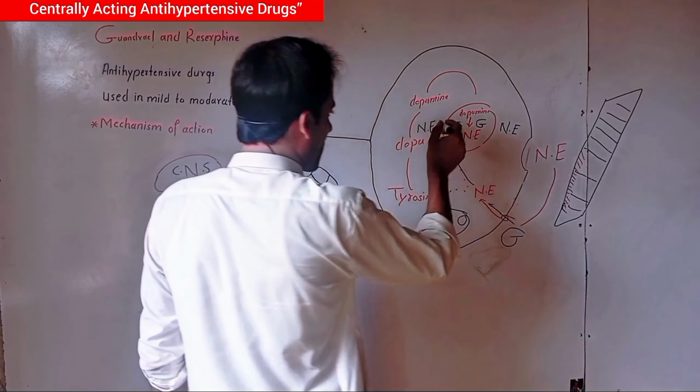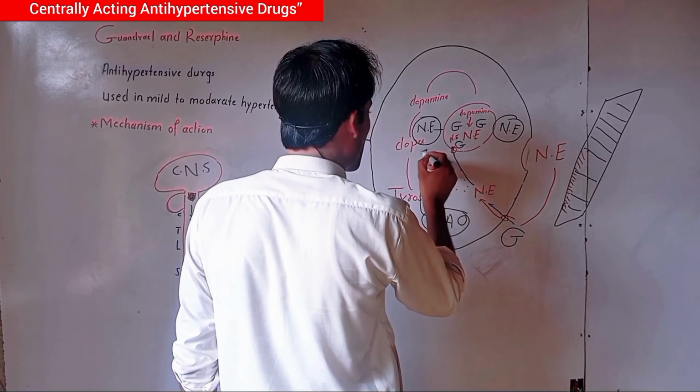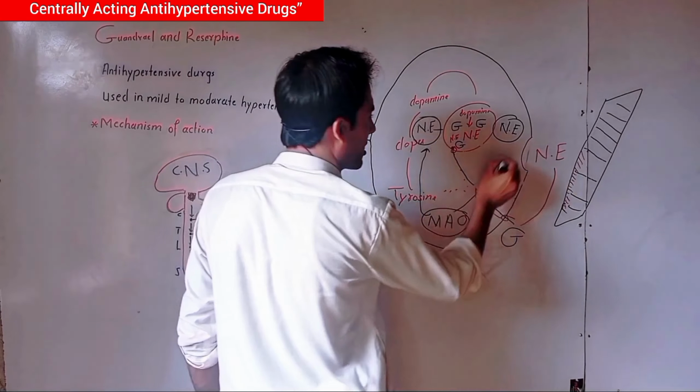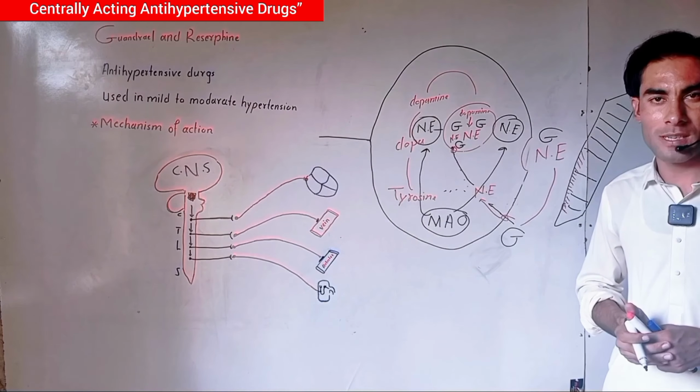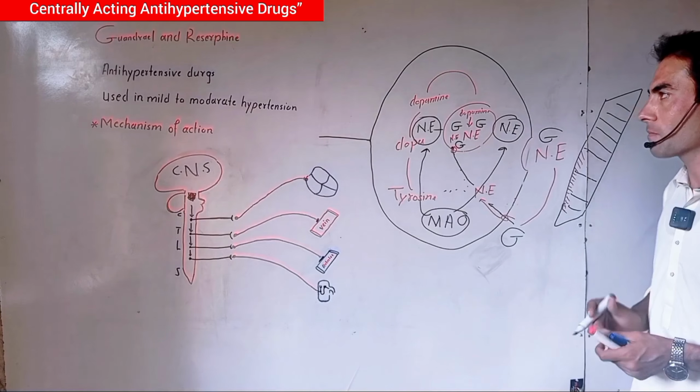As soon as norepinephrine comes outside, it is directly destroyed by monoamine oxidase. Now, when an action potential comes, this vesicle releases guanethidine instead of norepinephrine. So as a result, the nerve ending is paralyzed, cardiac output is reduced, muscle is dilated, and blood pressure goes down.